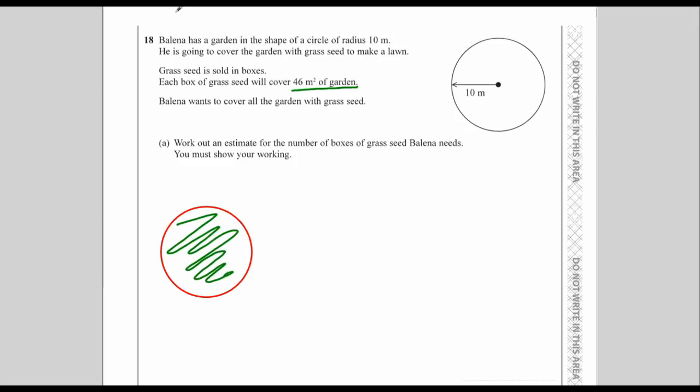Okay, so what we want to do for area of a circle is know the formula. The formula is pi times r squared, or pi r squared, where r is the radius. Now the radius is halfway across and it's 10 meters. So r squared is 10 times 10, which is 100 meters squared.